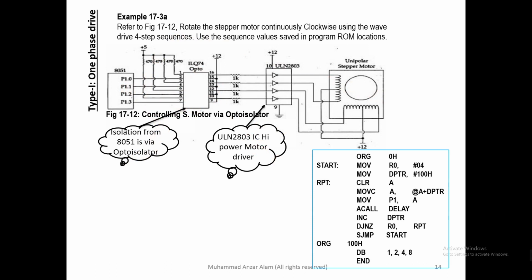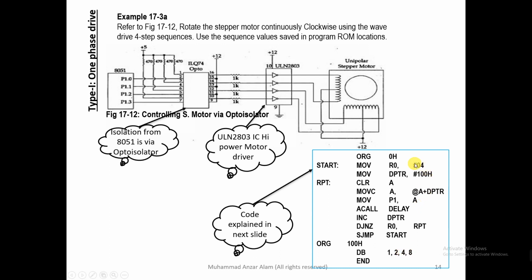This is the program. We should learn this program, and we will explain it step by step. The important thing is that we load R0 as a counter, because we have to load first value 1, then second value 2, third value 4, fourth value 8.